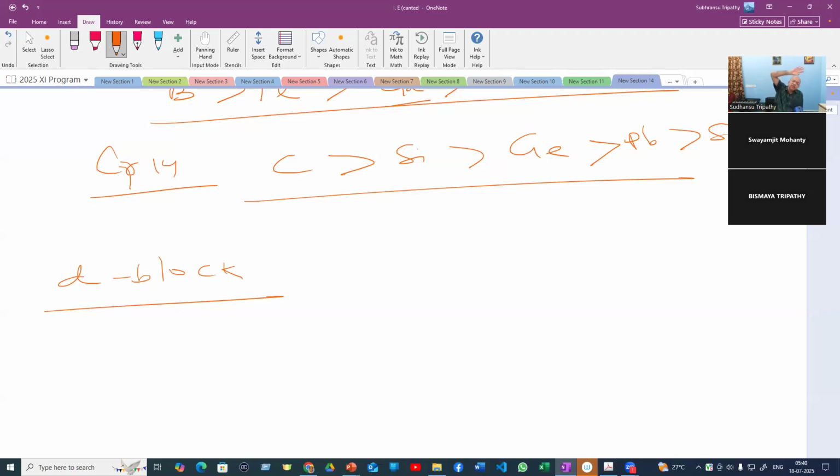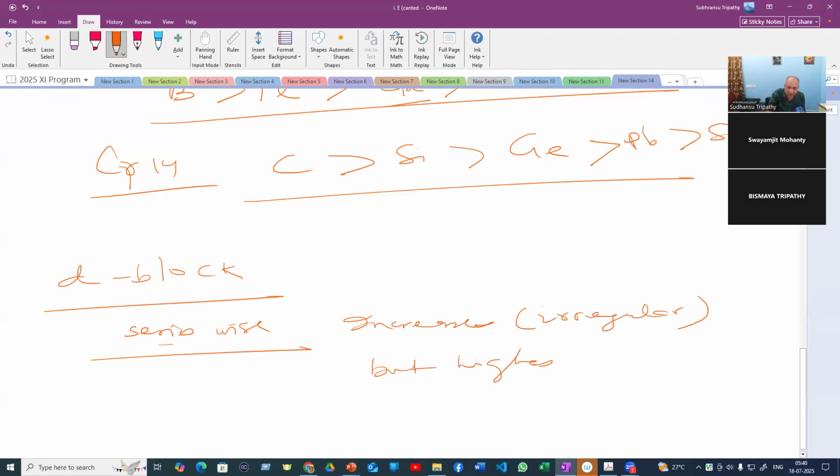With ionization energy, you will find it erratic, going almost increasing and increasing. Finally, it becomes the highest in the respective period. So series wise, it increases, irregular, but highest in the last element.